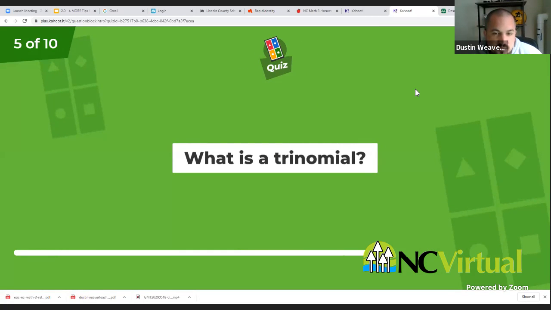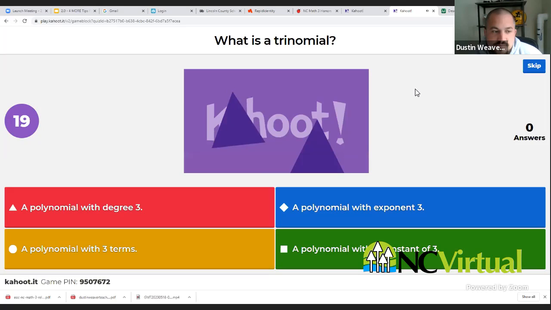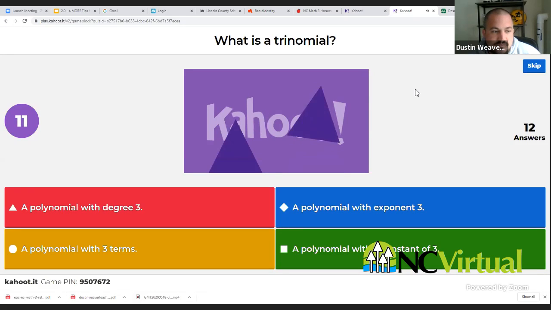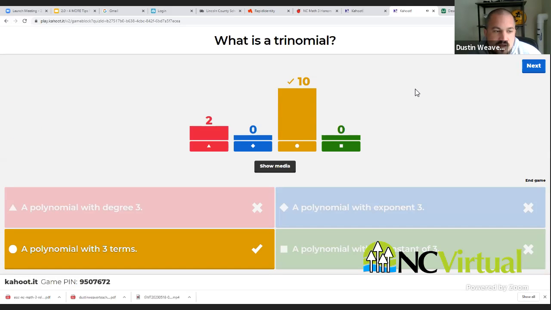What is a trinomial? A trinomial has three terms.